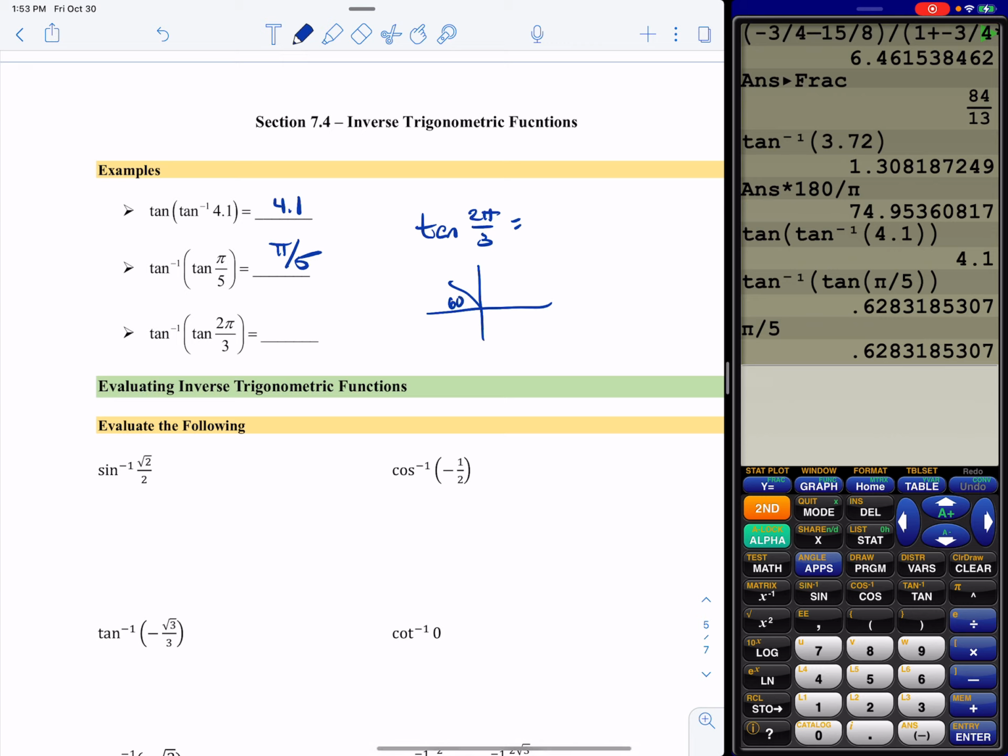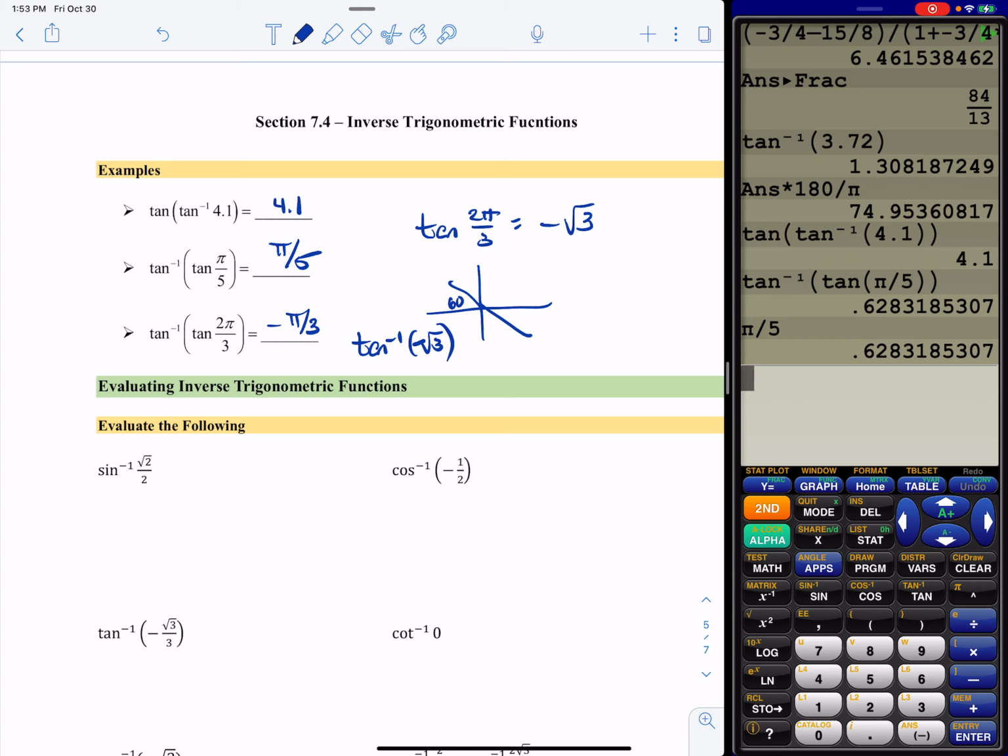Reference angle is 60. That should be negative square root of 3. So now we're looking for the inverse tangent of negative square root of 3, that should be negative pi over 3, which is negative 60. Because again, you want a fourth quadrant version of that angle because inverse tangent only returns quadrant 1 and quadrant 4.